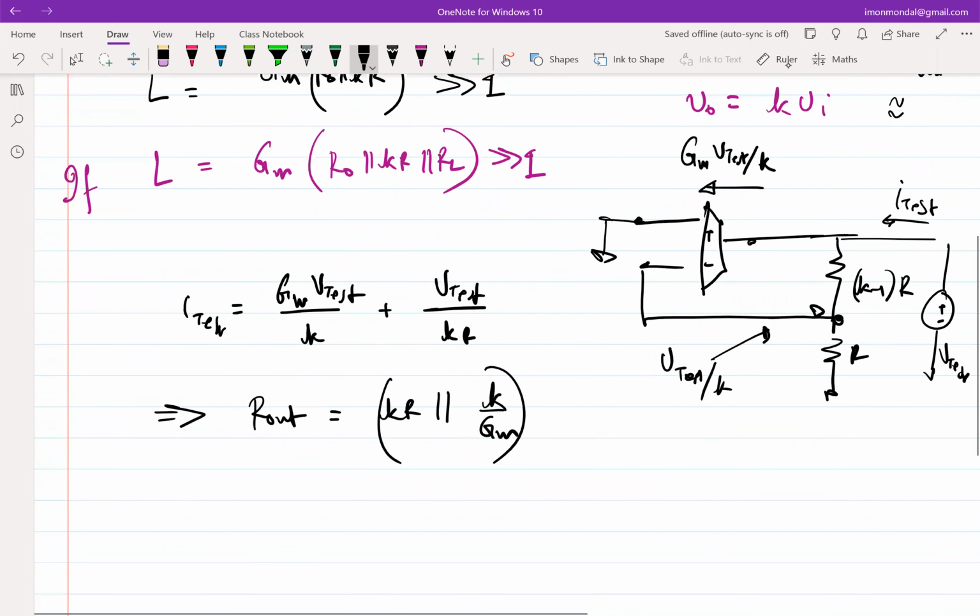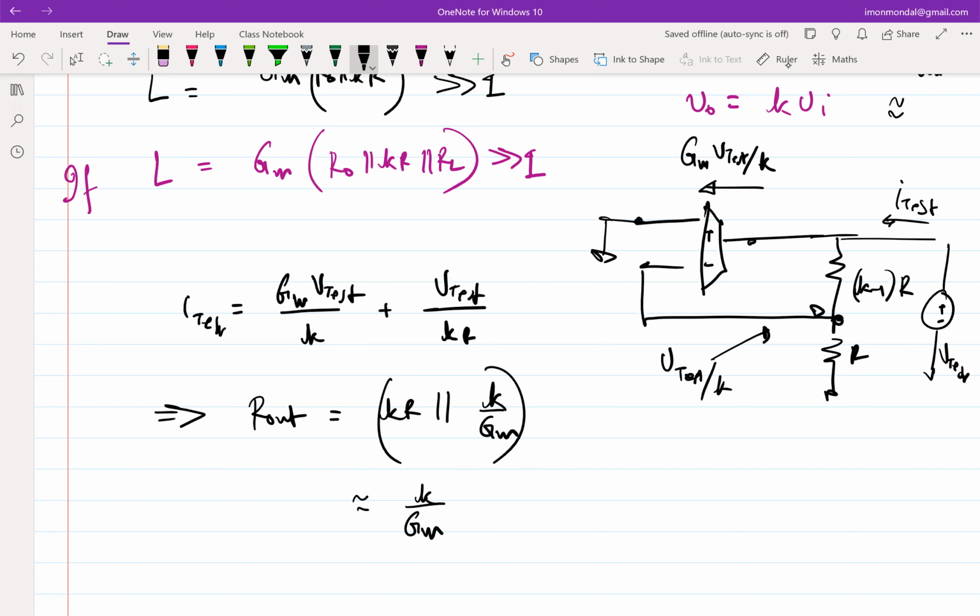And by design, you have ensured that GM times KR is much greater than 1, right? So this is approximately equal to K by GM, right? So using negative feedback, you have been able to reduce the output impedance of this network. It's not of the order of R out, it's of the order of 1 over GM or K over GM in this case.